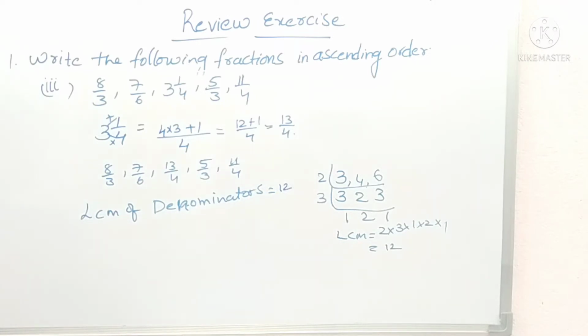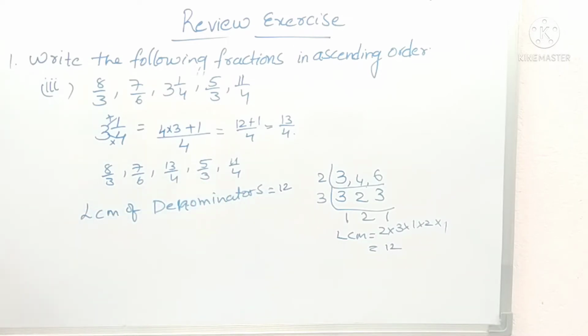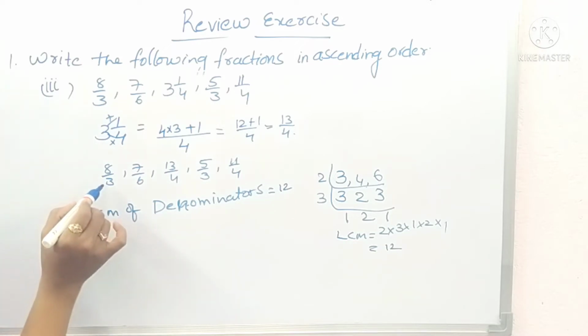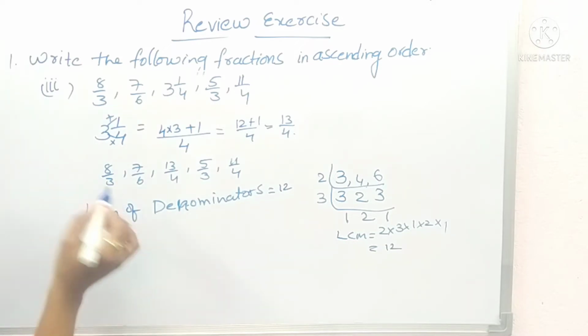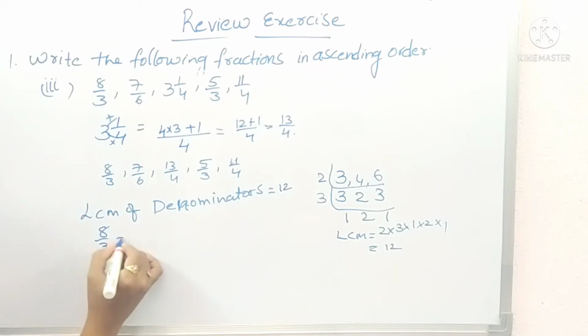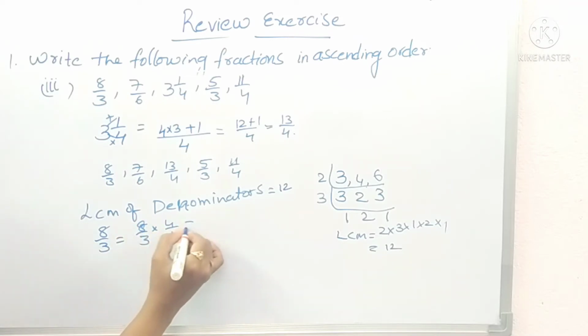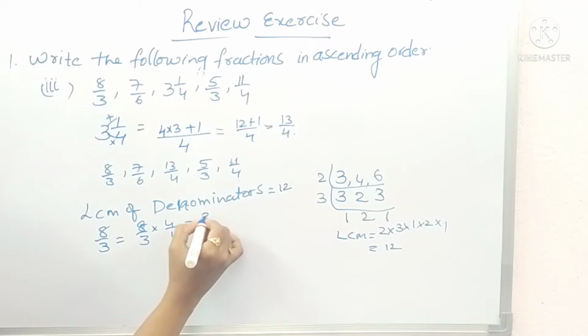Now we have to convert all the fractions to denominator 12. Okay. So now see, 3 multiplied by what number will give 12? In the 3 table, 3 fours are 12, right? So 8 by 3 we can convert by multiplying with 4 by 4. 8 fours are 32 by 12.